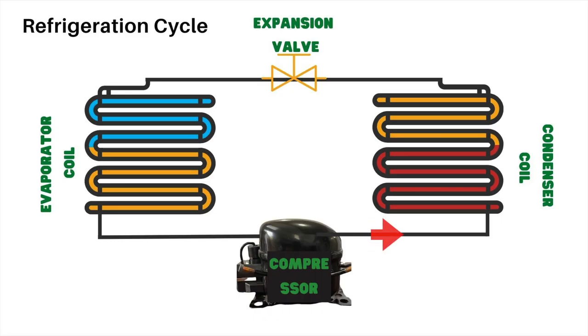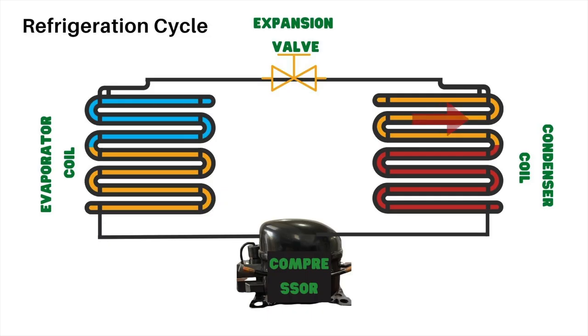As it exits the compressor, in the second stage of the refrigeration cycle, this hot gas enters the condenser and loses its heat as it goes through the condenser coil. This is also known as dumping its heat to the outside.